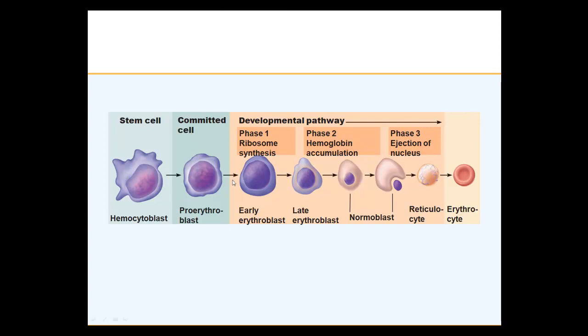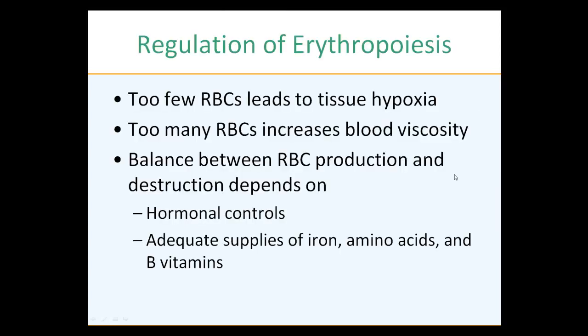So it enters phases after the commitment into a ribosome synthesis, and then hemoglobin accumulation, and then ejection of the nucleus to finally become your erythrocyte. Okay, so if we have too little or too few number of RBCs, that will lead to tissue hypoxia.